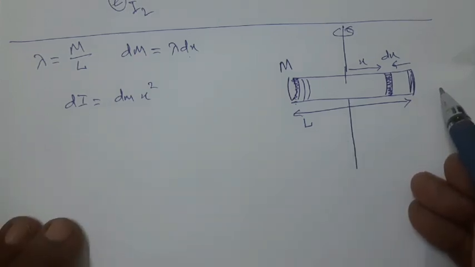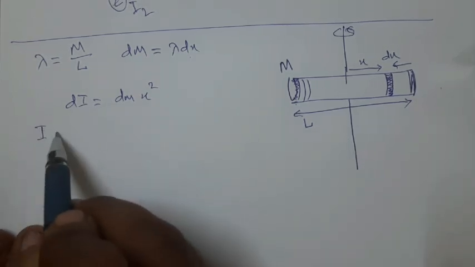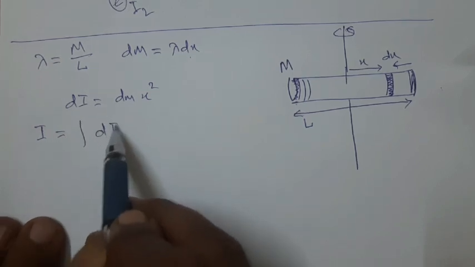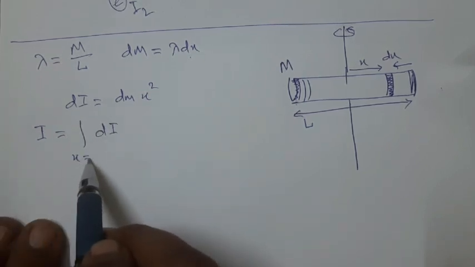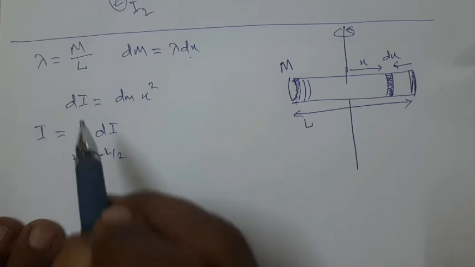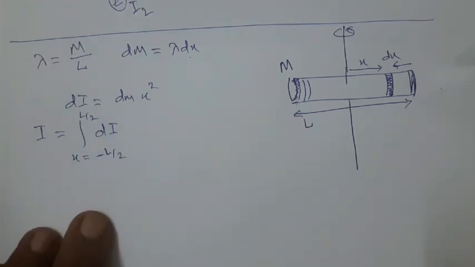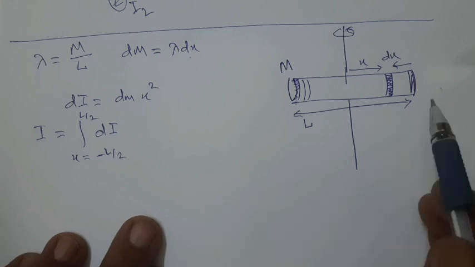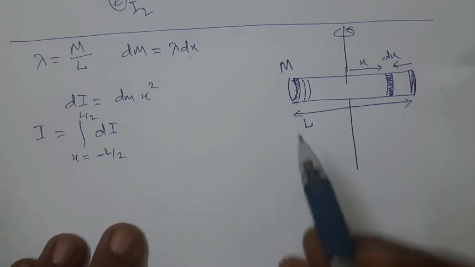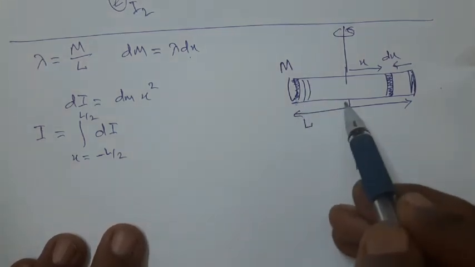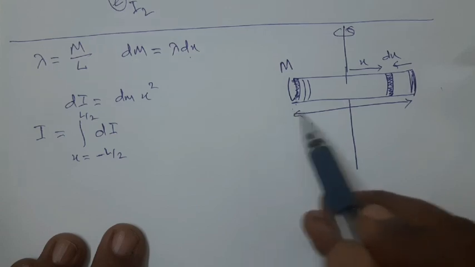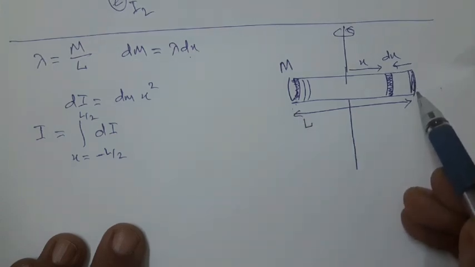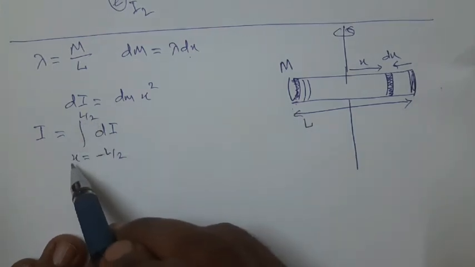Therefore, to calculate the total moment of inertia, I will have to integrate over x from minus L upon 2 to L upon 2. Remember that there is physics here; we should know what we are doing. To cover the entire rod, we will have to consider the element at a distance minus L by 2 up to the element at a distance plus L by 2, and hence we will have to integrate over x.